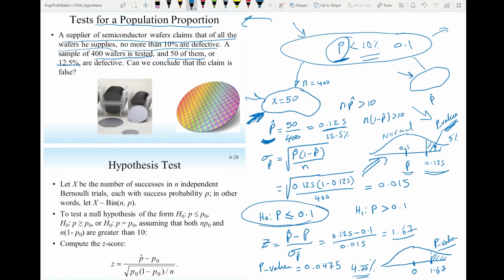That means the proportion of defective semiconductors is more than 10%, because the probability of getting a sample proportion of 0.125 from a population with proportion less than 10% is very small. It's only 4.75%. So then that proportion is more than 10%. So we may not buy these semiconductors.